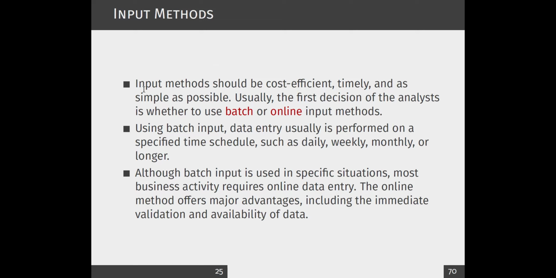But if you use batch-wise, then you can decide how frequently you are going to do it. For example, you can do it every day, which means maybe after hours, or every week, or month, or quarter, and so on, yearly. So you need to decide how you are going to do this, right?